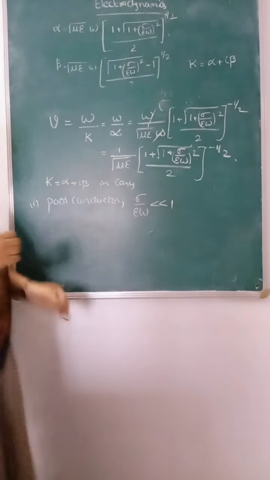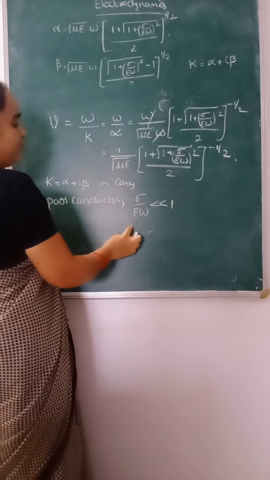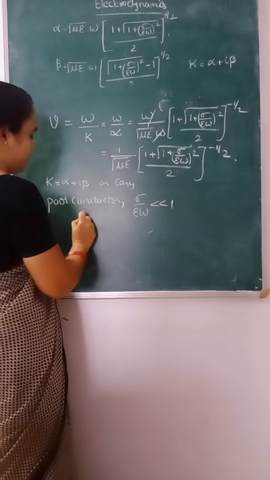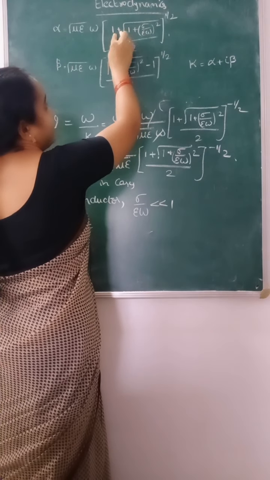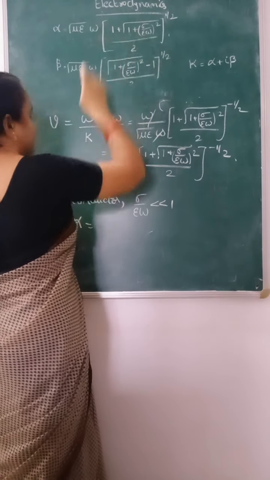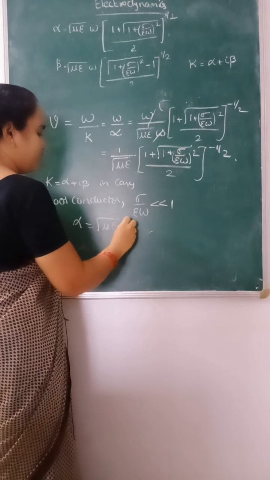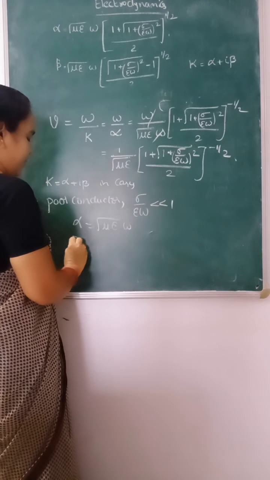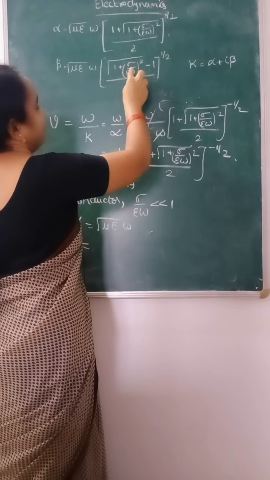Hence, for this poor media, the alpha value is, this term is very much less than 1. So 1 plus 1 is 2, 2 by 2 is 1. This total term will be root of mu epsilon into omega. Similarly, for the poor conductor beta, this is very much less than 1.